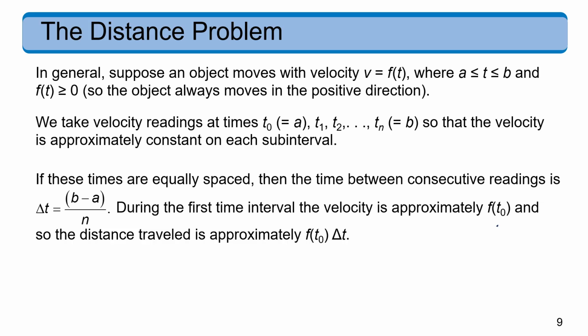Right, so this is the velocity at time t0. And so we take that number as our constant velocity, multiply it by the length of time of the time interval, which we're calling delta t, and this expression would be the distance traveled during that first time interval from time t0 to t1.